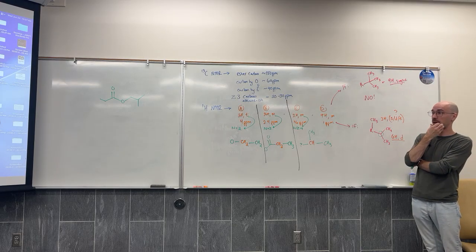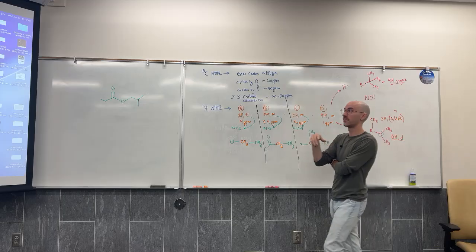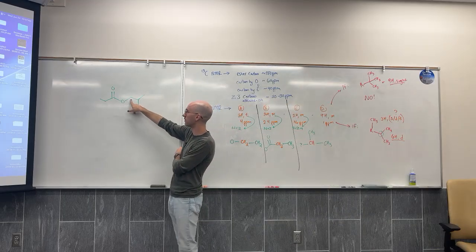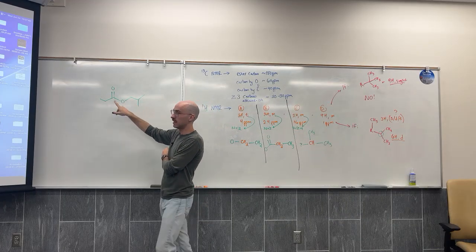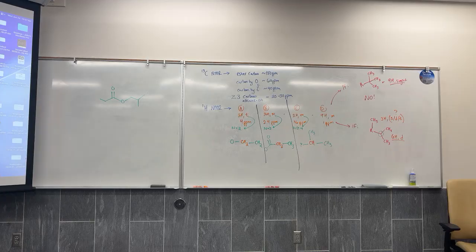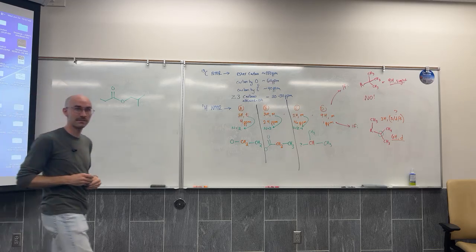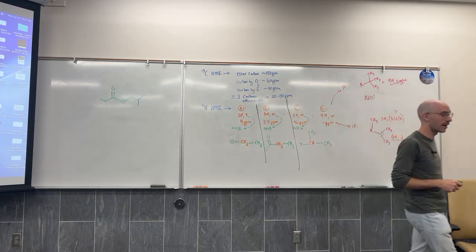What I'm not happy about from this is the 2H next to the oxygen. It is shown as a triplet, which we would expect then to have two neighbors, and it only has one neighbor. So I'm not very happy about that.